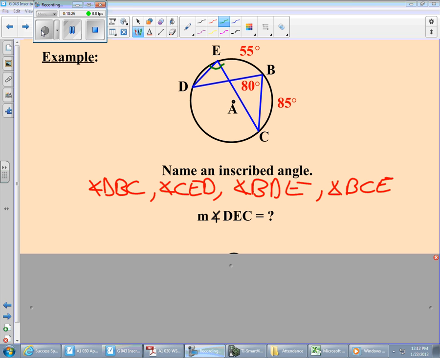One of the things to notice on this one goes hand in hand with one of the theorems that we just saw a few moments ago. Notice that angle DEC has endpoints here and here. Is that the only inscribed angle that has endpoints at that location? No, we have another angle that also terminates at the same place as angle DEC does.